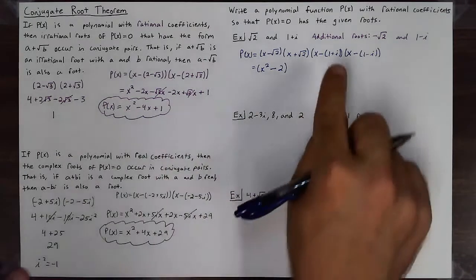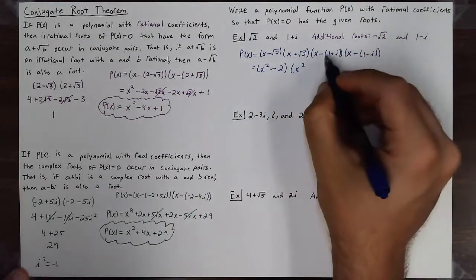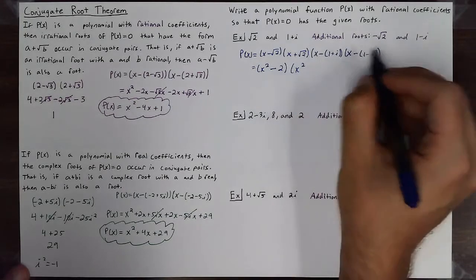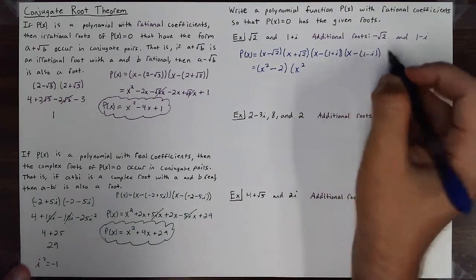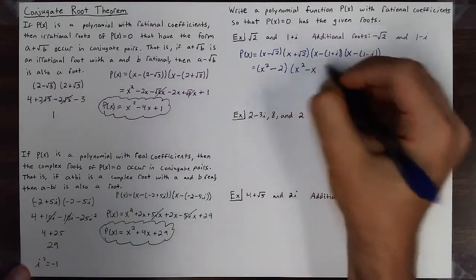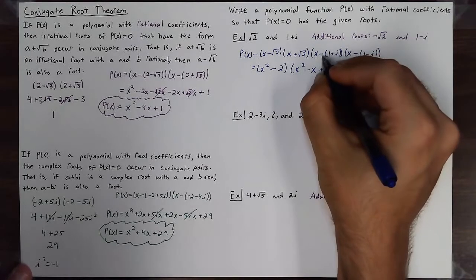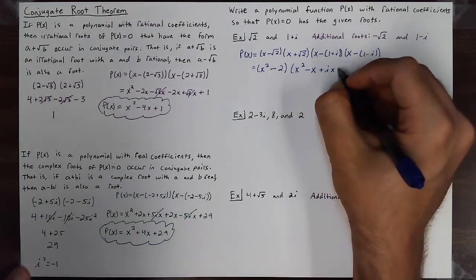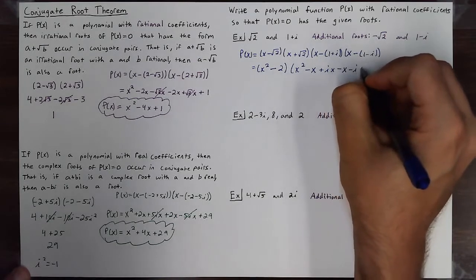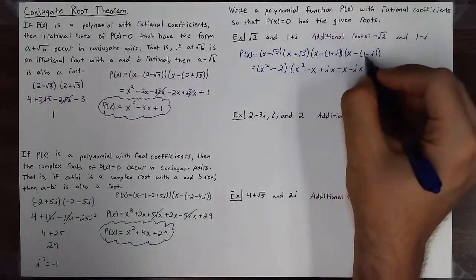On the right, when I multiply these out, I get x times x, which is x squared, and then x times, distribute the negative, negative 1 plus i, so it'll be negative x plus ix, and then distribute this negative, negative 1 minus i times x, which would be negative x minus ix, and then a negative times a negative is positive, but 1 plus i times 1 minus i.